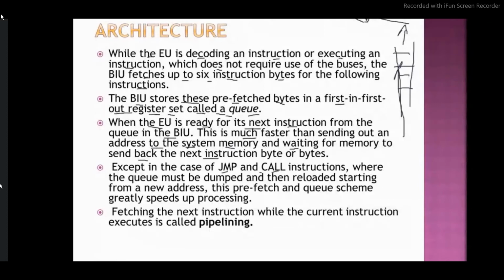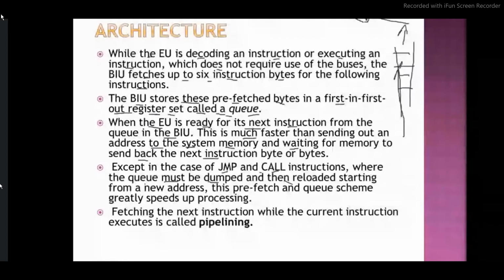So, exception है ये, इन दोनों केस को छोड़ के, except in the case of JMP and call instruction, where the queue must be dumped. मतलब जो queue है उसको हमको dump करना है, यानी उसको follow नहीं करना है, and then reloaded starting from a new address.